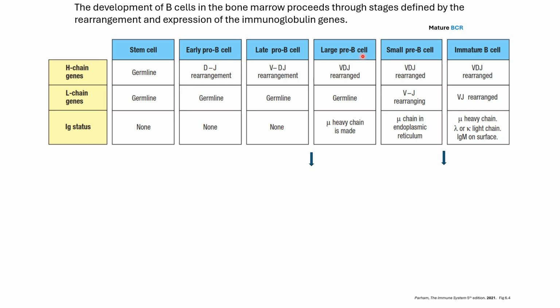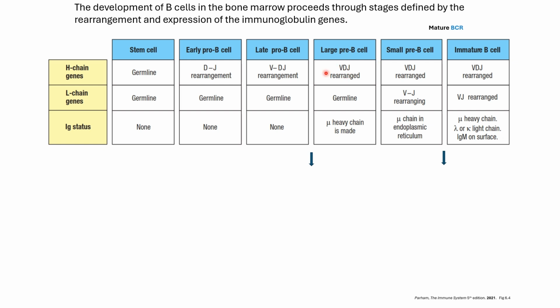Then we have the pre-B cell stage, and pre-B cells are larger than the following stage, so we define large and small. We had early and late pro-B cells, and in the next stages we have large and small pre-B cells.